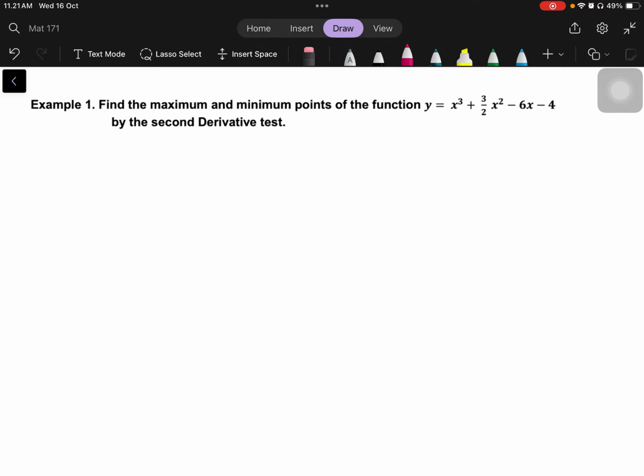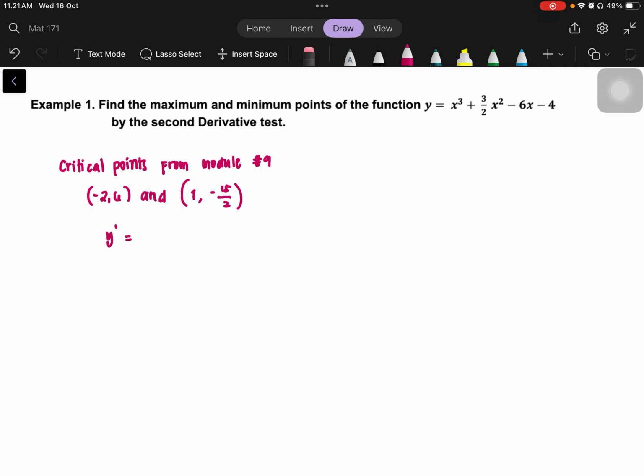So, para dun sa mga hindi pa nakakapanood, balikan na muna yung module number 9 para makuha natin yung mga given, okay? So, nakuha natin doon na yung ating critical points from module number 9 is at negative 2, 6 and 1, negative 15 halves.